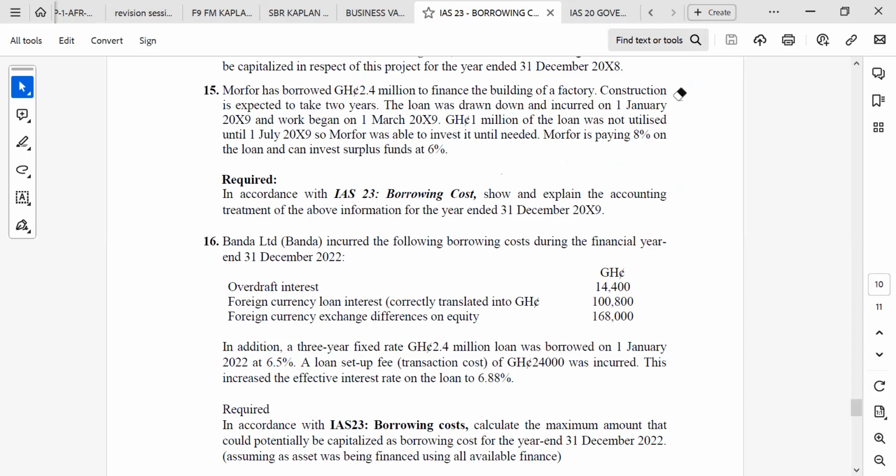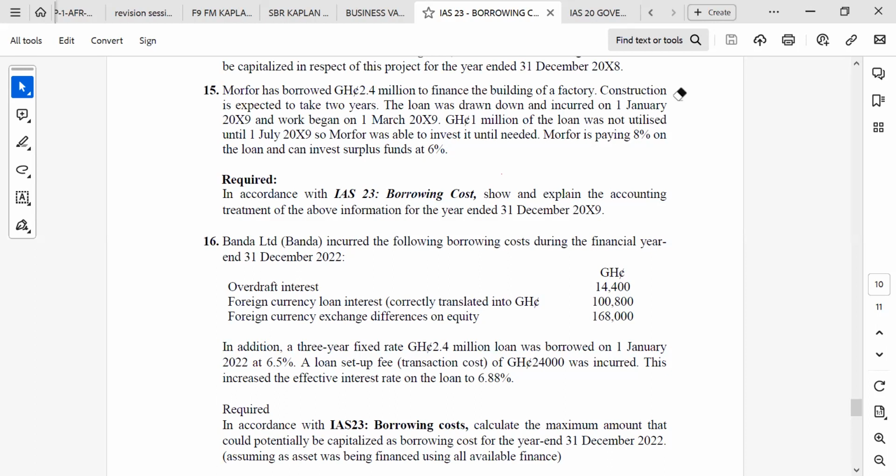A loan setup fee, that's transaction cost of 24,000, was incurred. This increased the effective interest rate on the loan to 6.88%. In accordance with IAS 23, calculate the maximum amount that could potentially be capitalized as borrowing costs for the year ended 1st December 2022, assuming an asset was being financed using all available finance.